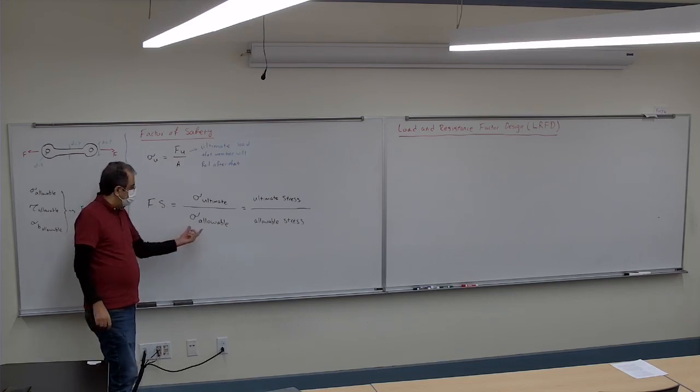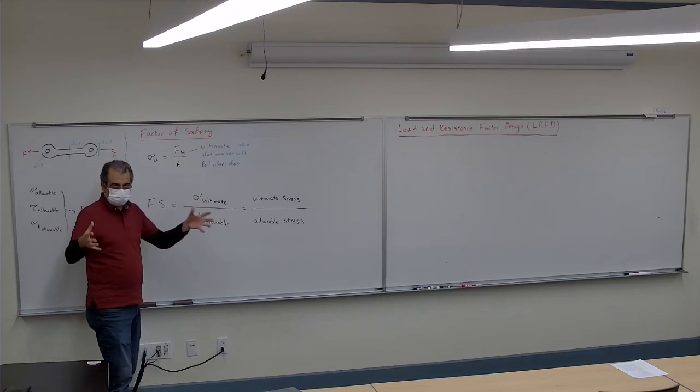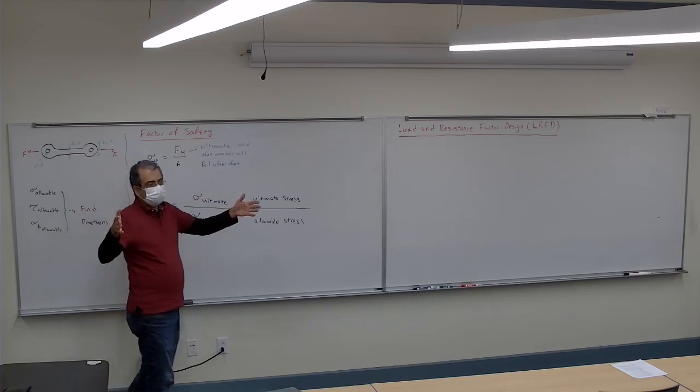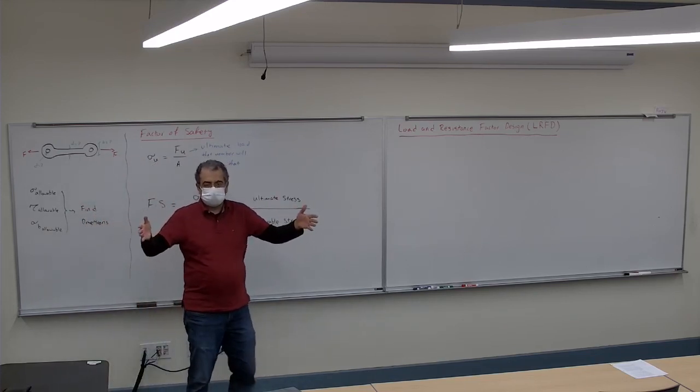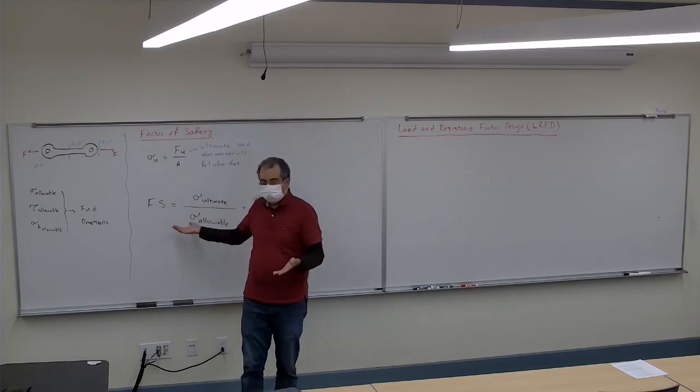That the allowable is half of the ultimate? Yeah, so it means that I'm decreasing the resistance of my material 50%, correct? So if my material can handle 1,000, I said, okay, let's go down to 500. That's what it means, correct?